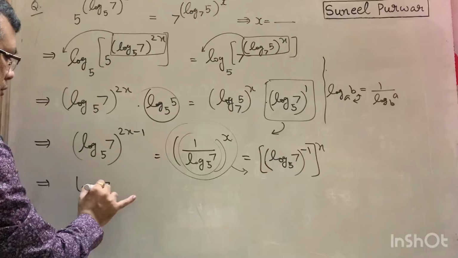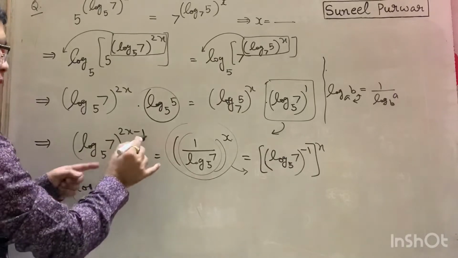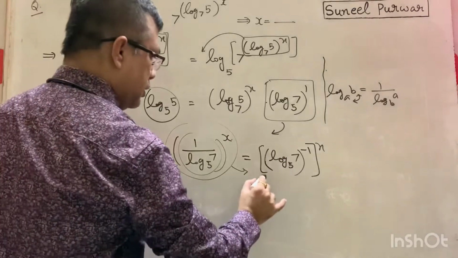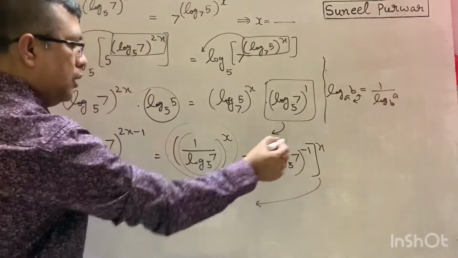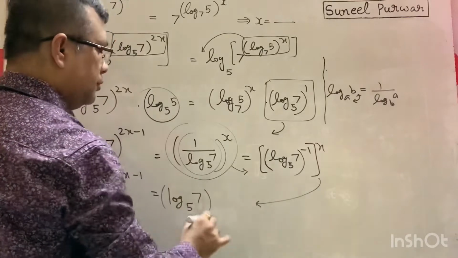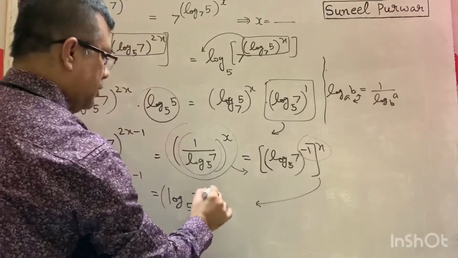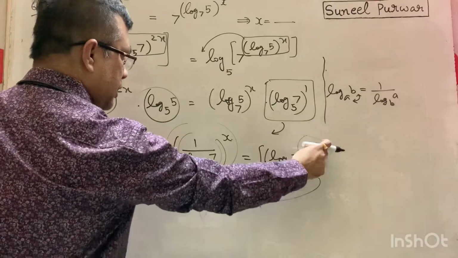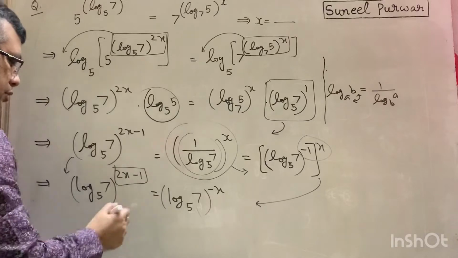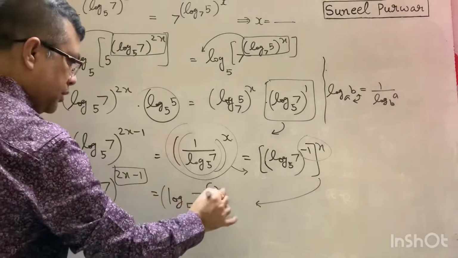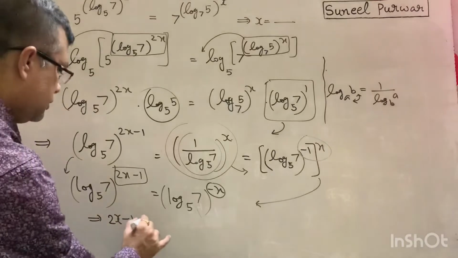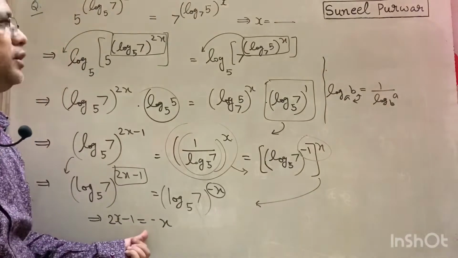Log of 7 base 5 whole power 2x minus 1, this term copied, 2x minus 1 is equal to, now taking this quantity over here, log of 7 to the base 5 whole power, these two powers get multiplied to give you minus x. Now, on comparing the exponents, you see they have got the same base. So just compare the exponent. What you see? 2x minus 1 is equal to minus x. So what is the x value? 1 by 3. That's your answer.